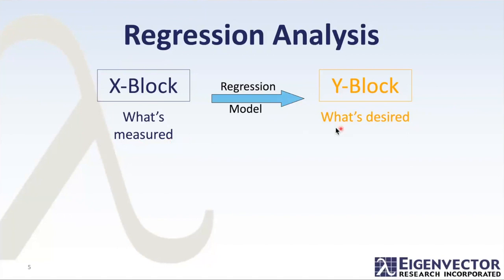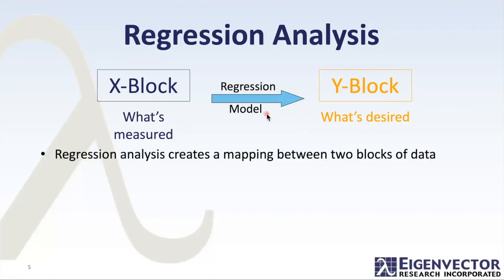And that mapping is our regression model. So the regression analysis is going to create a mapping between these two blocks. In both examples, we're going to use an X block that is a spectroscopic measurement. And the Y block, we're going to be looking at a protein concentration for the first example and an octane rating in the second example.